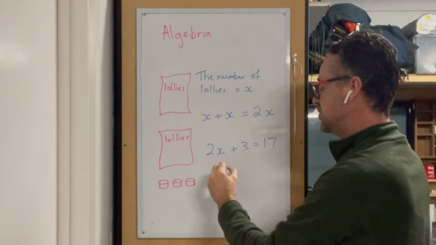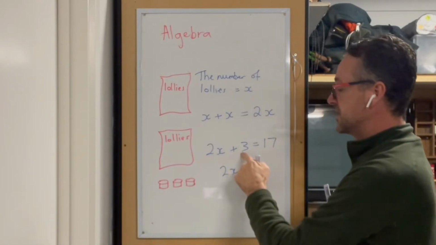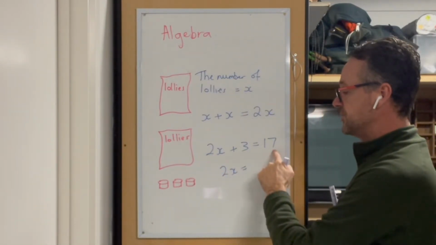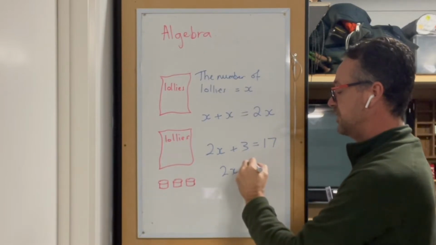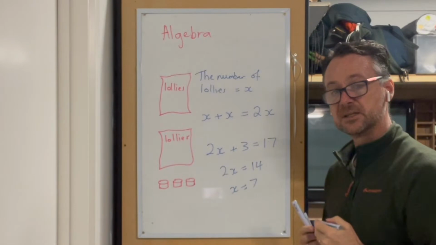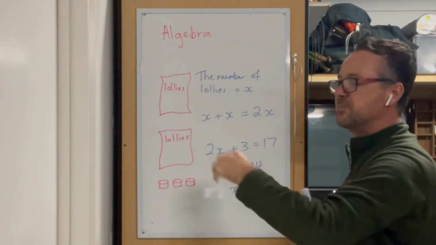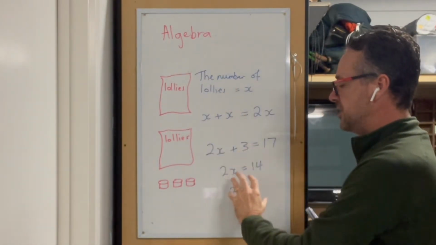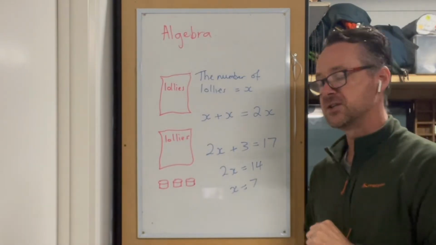Then we would know that 2x is equal to, take the 3 away from here, take the 3 away here, 14. So then we would assume that x equals 7, like this. So in this way we can manipulate the x, and we manipulate the numbers based upon the information that we've been given.